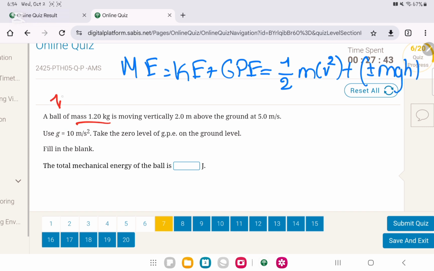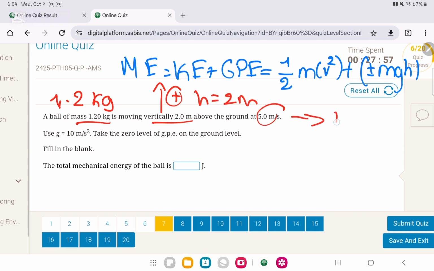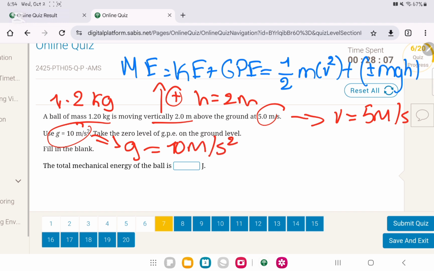We have our mass, which is 1.2 kg. It's moving vertically upward, so since it's GPE, it's gonna be positive. Okay, and we have the height, which is 2 meters. We have our velocity, which is 5 meters per second. And we have our g, which is 10 meters per second squared.